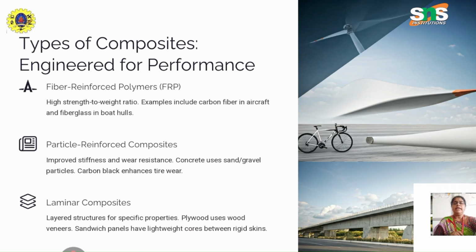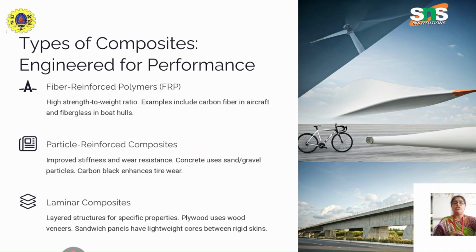Particle reinforced composites are the next type. They have improved stiffness and wear resistance. Concrete uses sand, gravel and particles; carbon black enhances the wear. So the wear resistance is more in particle reinforced composites.